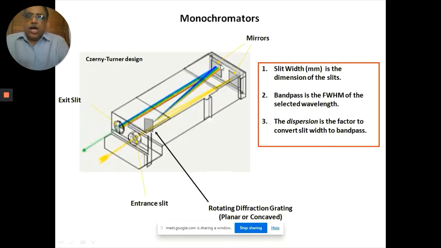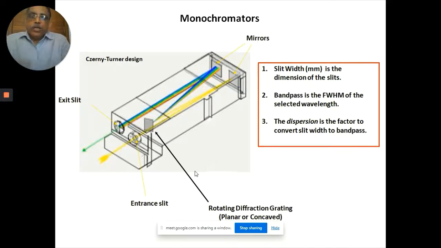How they configure the grating and the mirrors, this geometry of configuration, is called the Czerny-Turner design. It is named after them, in which you will see two slit widths. One is the entrance, the other is the exit slit. You will have one grating and two reflecting mirrors. They can be curvature type mirrors, so that you get a focus of the light.